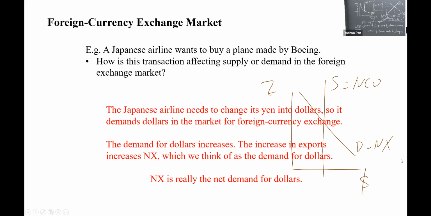Since it influences the net export, it influences the demand. The demand is the net export. So demand for dollars will increase. The increase in exports increases net exports, which we think of as the demand for dollars. So net export is really the net demand for dollars.